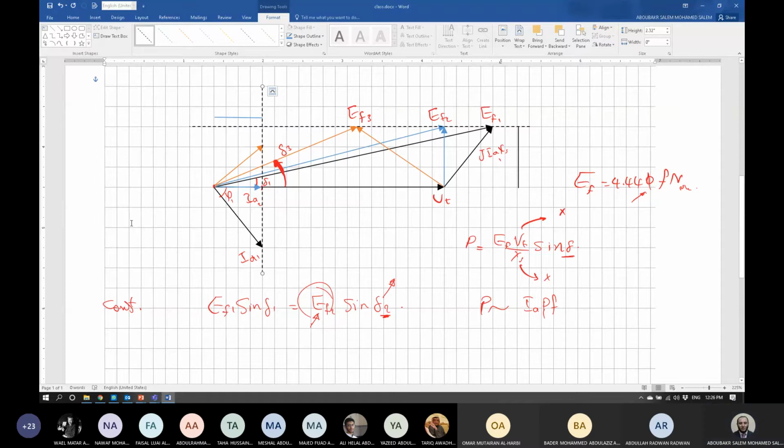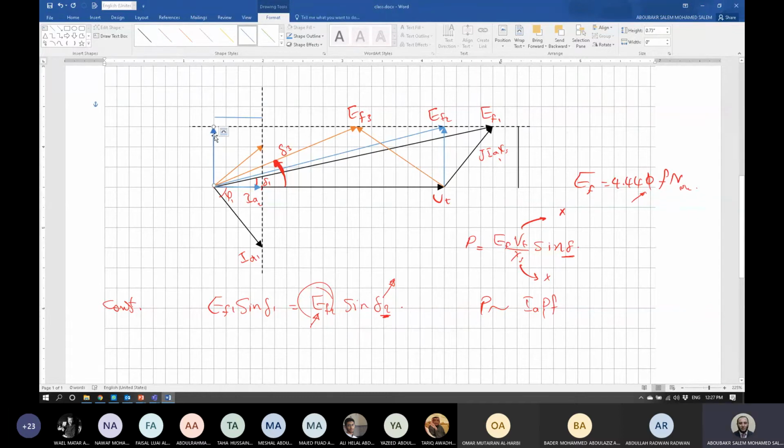طيب, for this phasor diagram يا شباب, where delta will be 90 degrees, if I would like to draw EF now for delta equal 90 degrees. طبعا delta means this is the reference of delta, so 90 degrees means EF will be here like that. صح يا شباب?